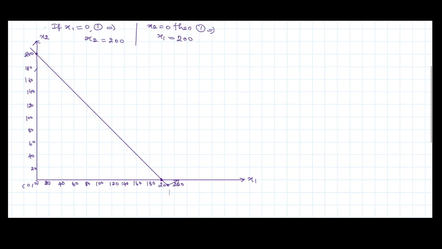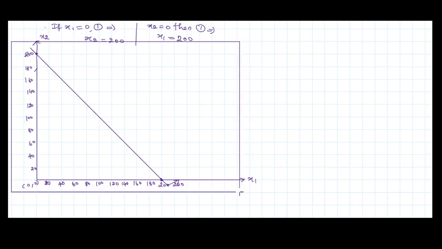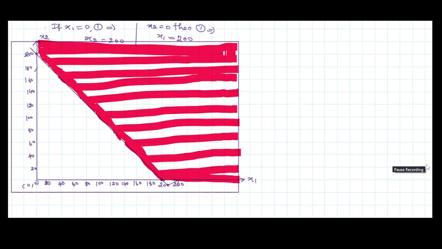We mark the region above line 1 with a pink shaded region.